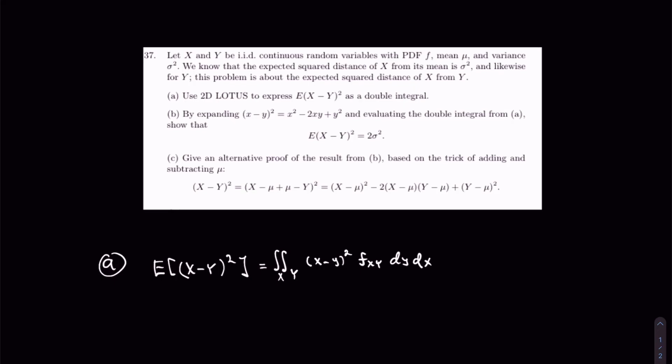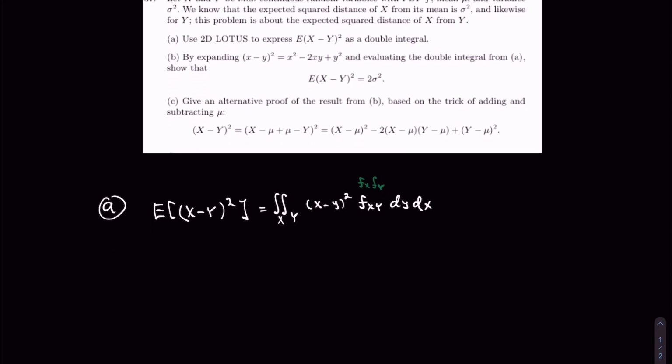Now, because of i.i.d., this joint simplifies to f of x, f of y. Alright, so that was pretty straightforward, just using the definition of the 2D LOTUS and the definition of expectation.